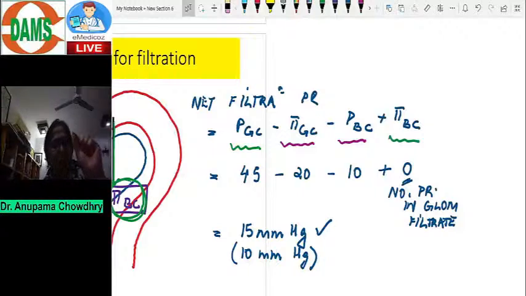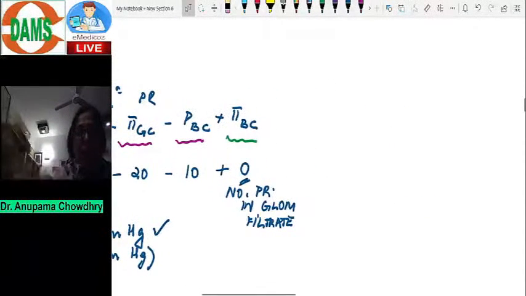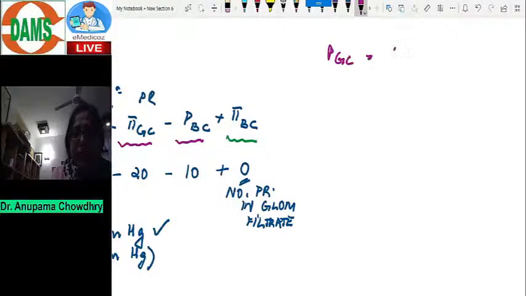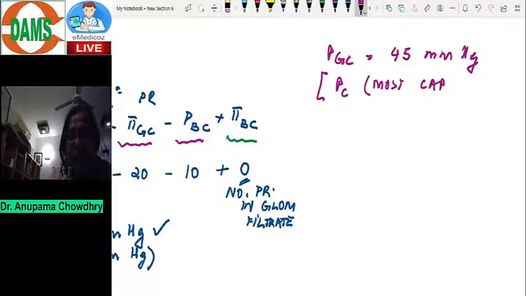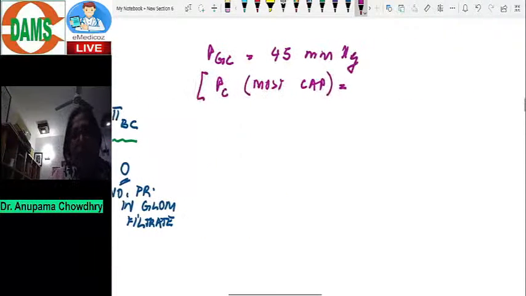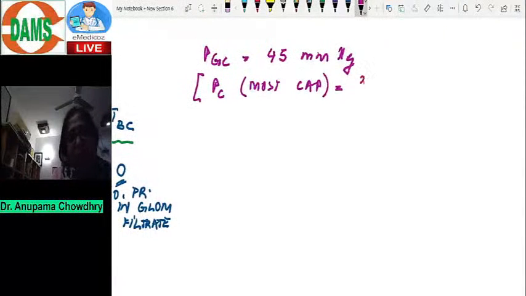Now, one very important and a very small point, but can be asked. We said the PGC is 45 millimeters of mercury. Whereas if you look at the hydrostatic pressure in most capillaries, it is in fact much lower, generally about 35 millimeters of mercury.